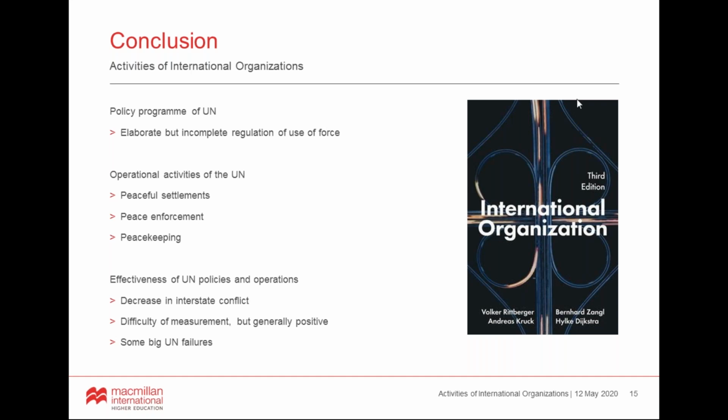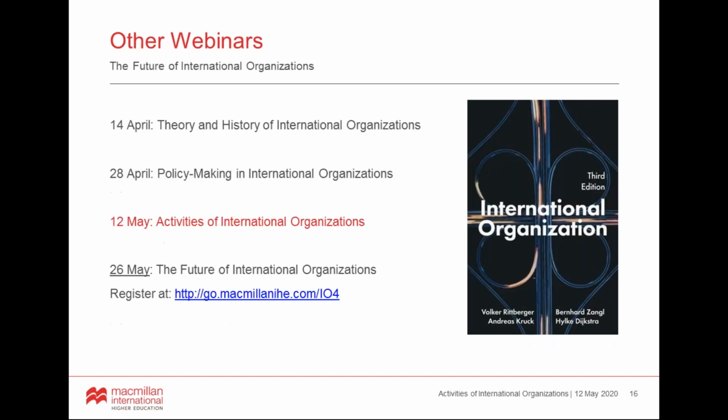Now, before really concluding, I still want to pay a bit of attention to the final webinar that's being planned in 2 weeks. So we talked about the theory and history of international organizations, about policymaking in international organizations, and the activities of international organizations.